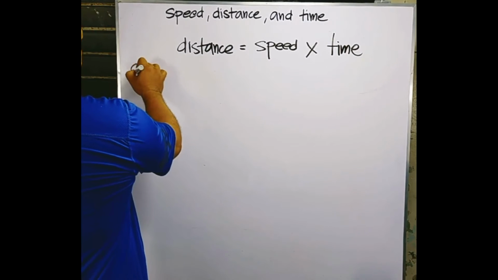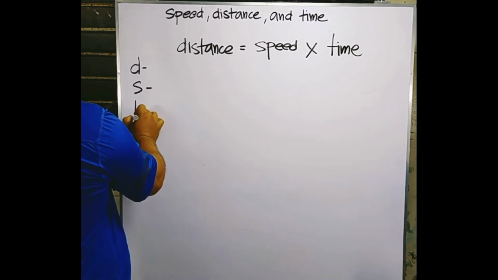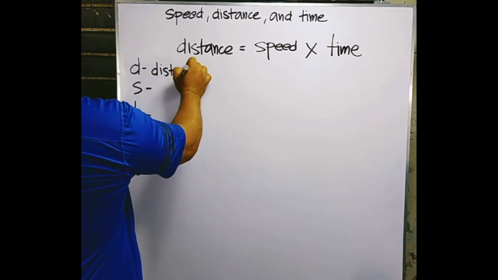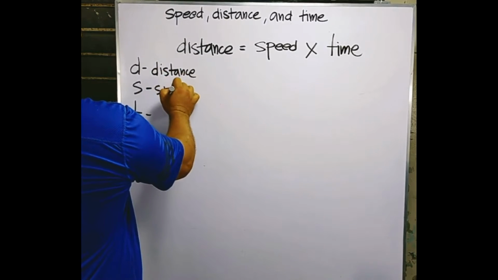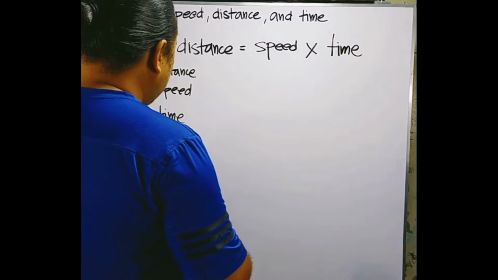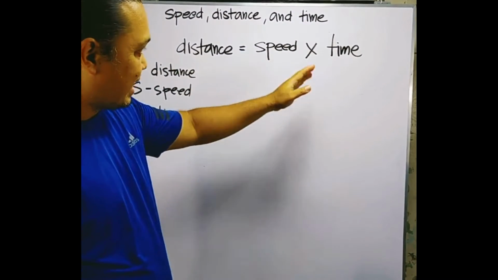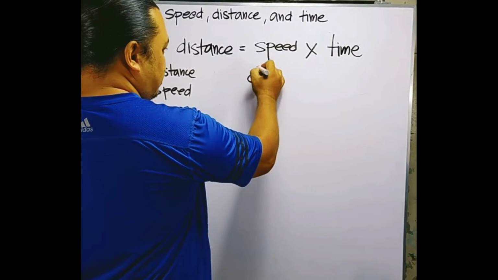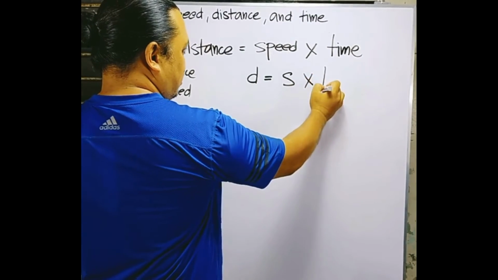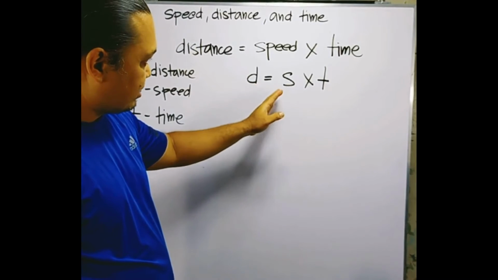For example, d here is distance, s is speed, and t is time. So in our formula, distance is equal to speed times time, or d equals s times t.